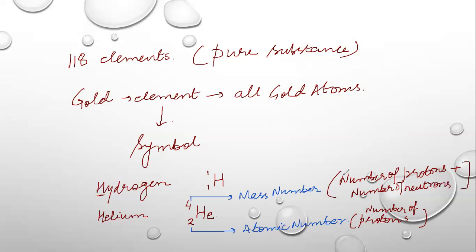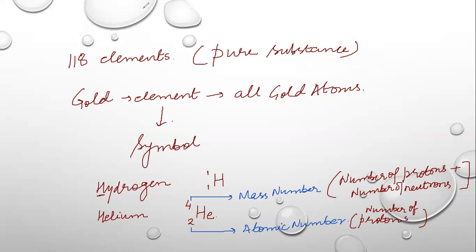This is why the mass number is a bigger number. So the mass number, or we also call it atomic mass, tells us about the number of protons plus the number of neutrons, and the atomic number tells us about the number of protons present in the nucleus.